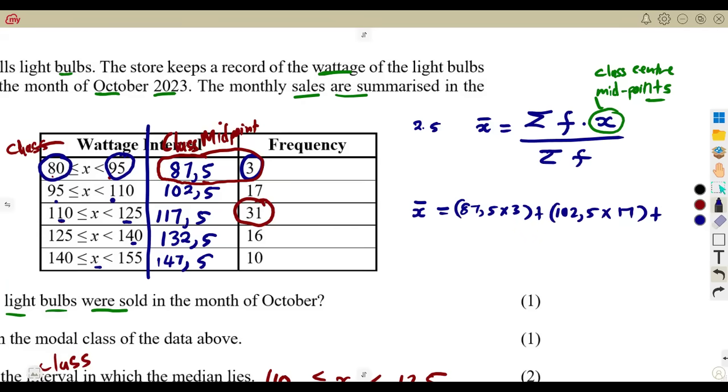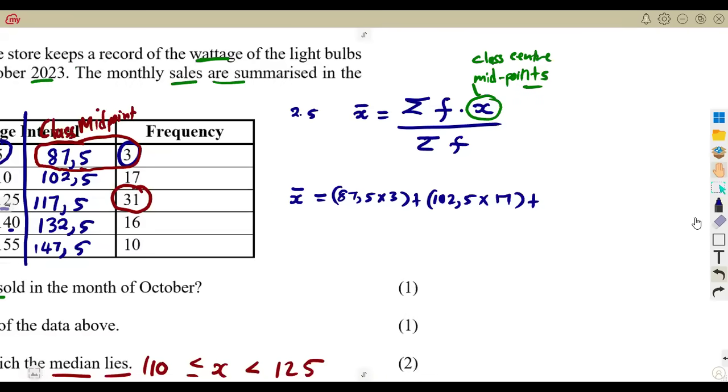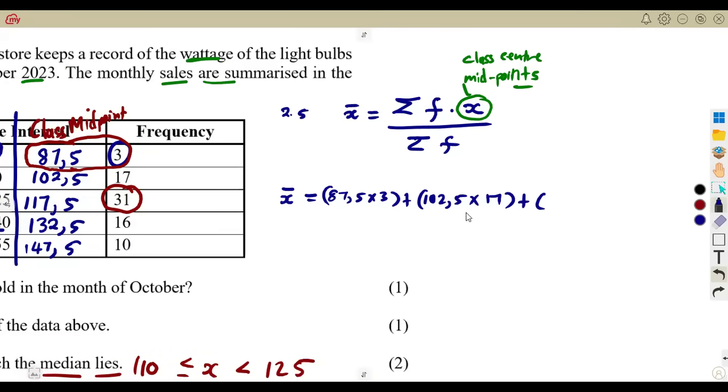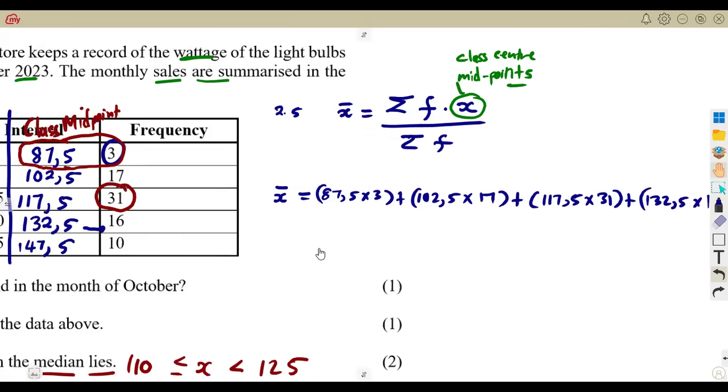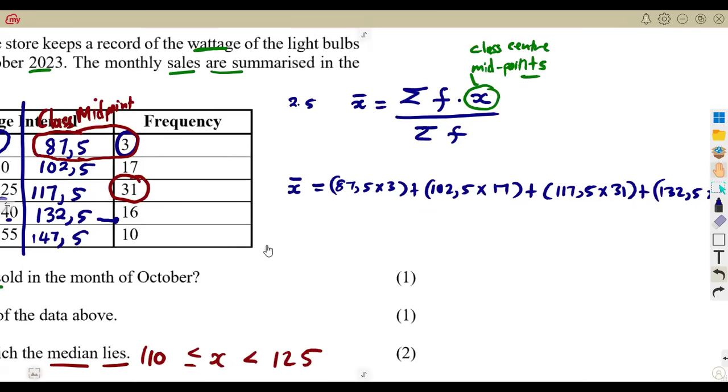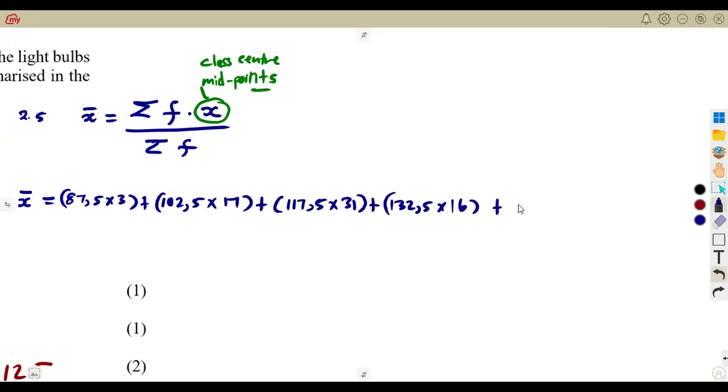You can just do this one on your calculator to take the total there. 117,5, you multiply to 31 plus 132,5, you multiply to 6 and so on. 132,5, you multiply to 16, you do the same thing, 147,5 and the 10. That was 147,5 and the 10 that we are seeing there.